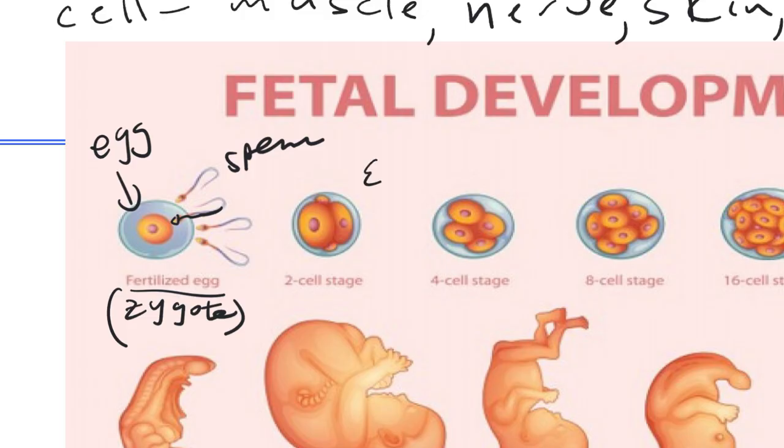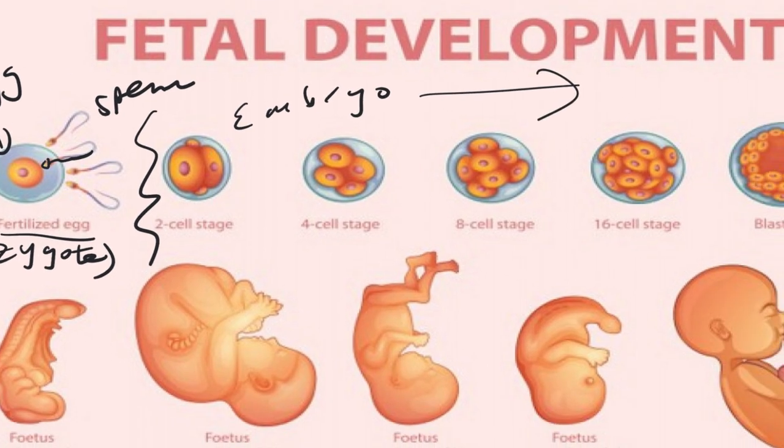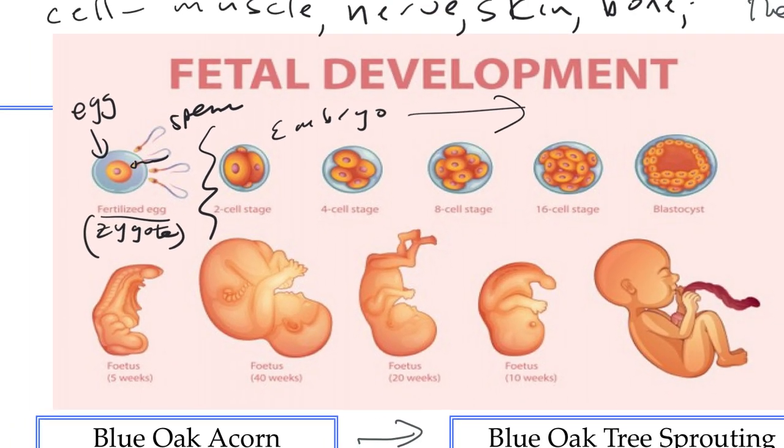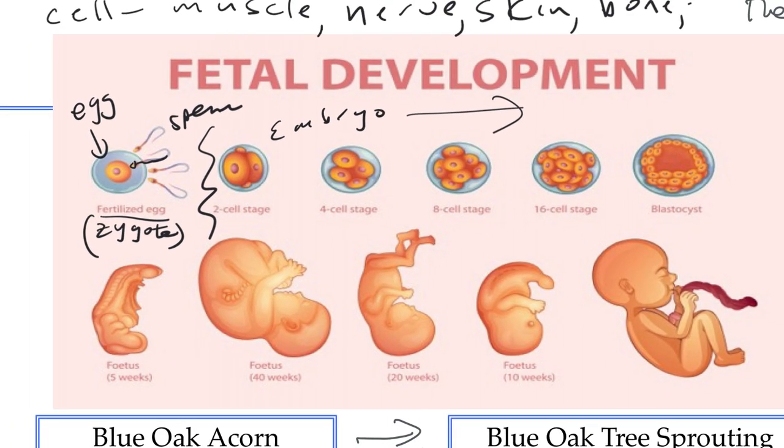This is called the embryo, after the zygote starts cell dividing, which is immediately. So the embryo continues on and on. About this stage, cell specialization is starting to occur. An embryo is called a fetus about 5 weeks after fertilization.